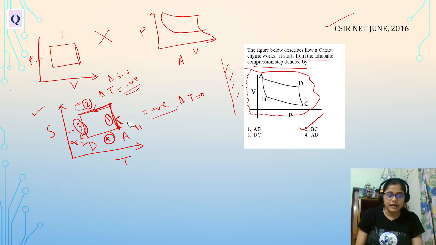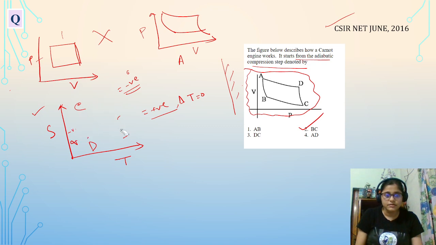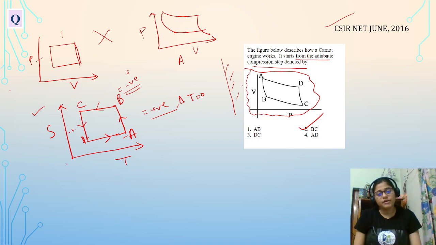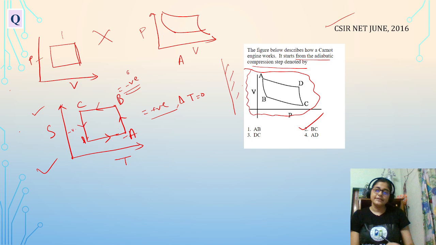So the S to T graph will look like this, and the starting point will be here A, B, C, D, and this will be like this. Okay, fine. So it is completed now.